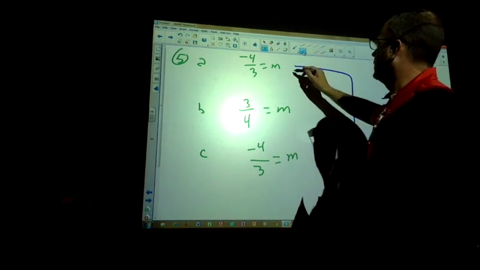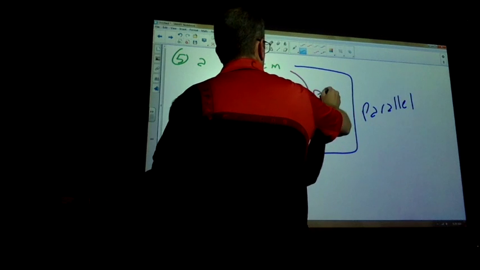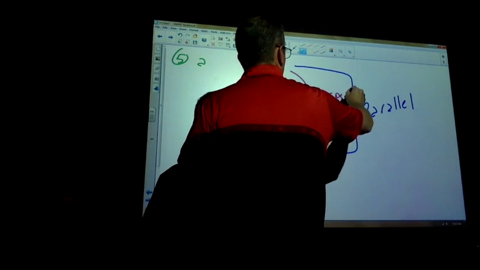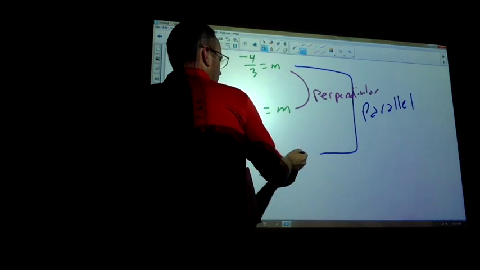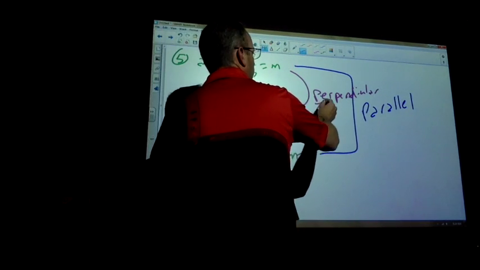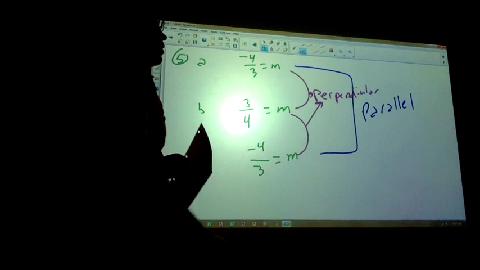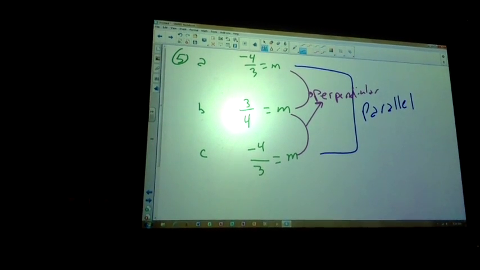And then those are perpendicular. So, that works. Does everyone see negative reciprocals taking place? Meaning opposite sign, flipped over fraction to decipher parallel or perpendicular.